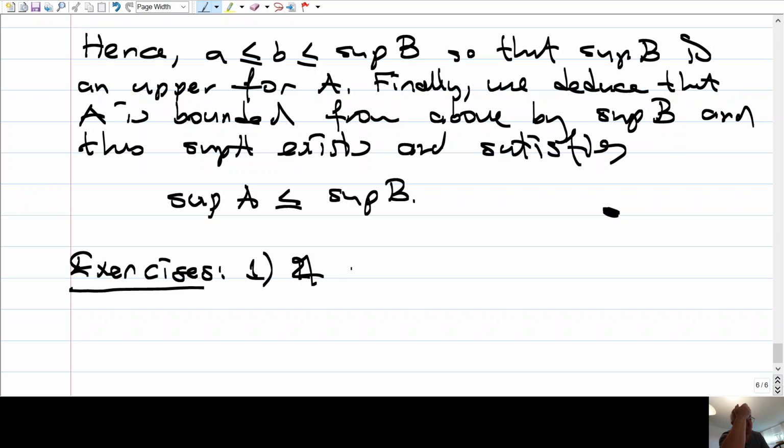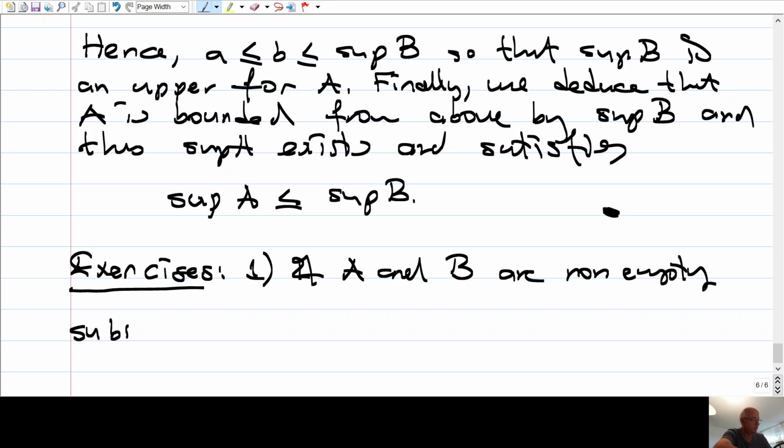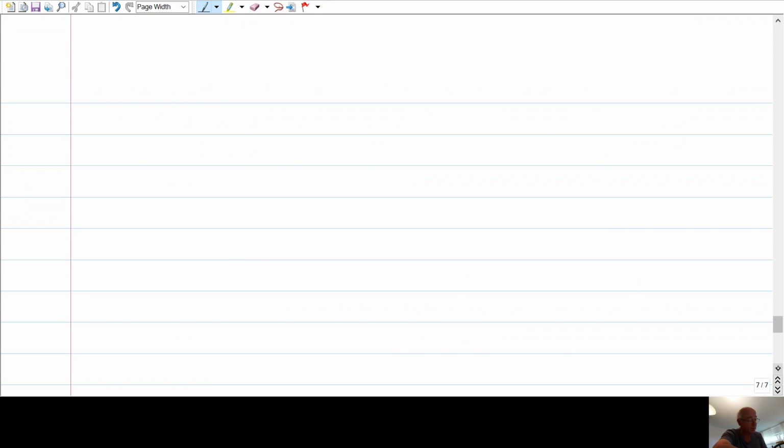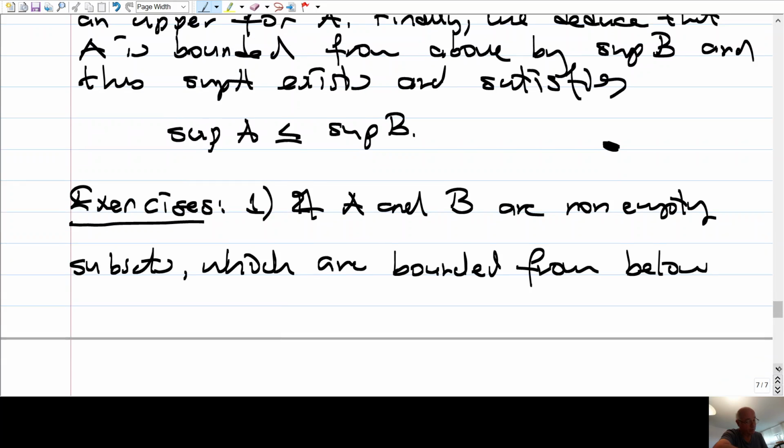If A and B are non-empty subsets which are bounded from below, then their infimums exist, right? Bounded from below.